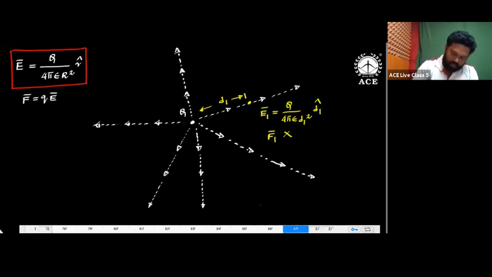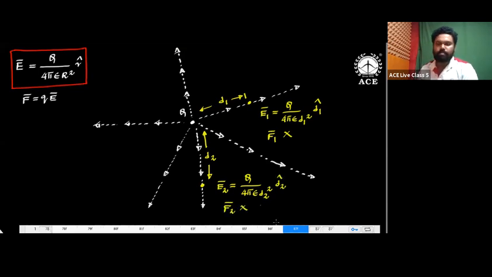Now let us consider a point at D2. What is the electric field E2? E2 is equal to Q by 4 pi epsilon D2 square into D2 cap. The force is not defined because there is no charge here.